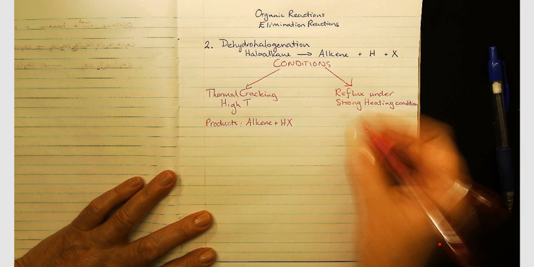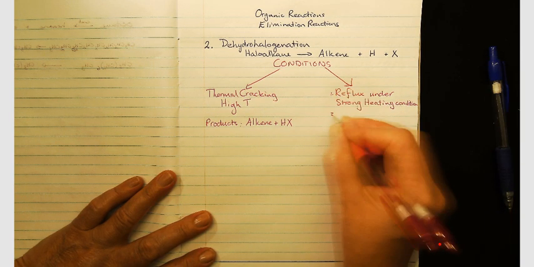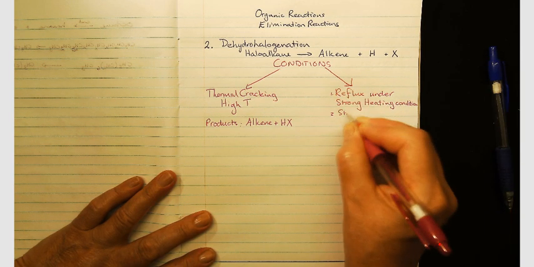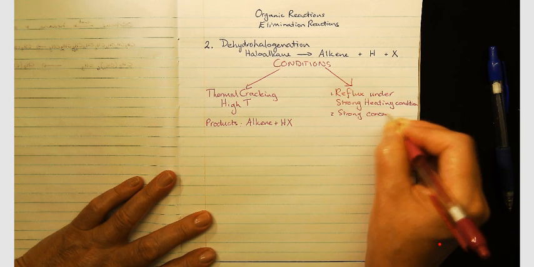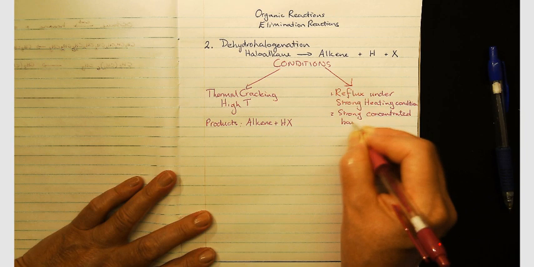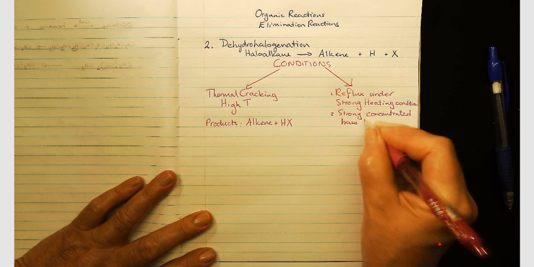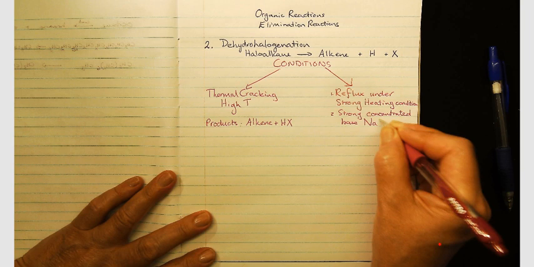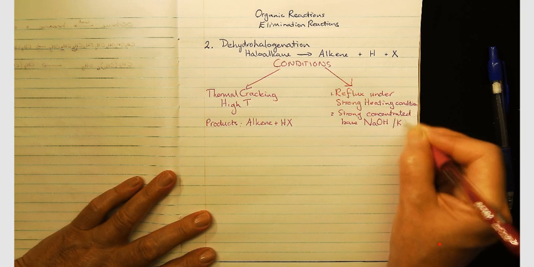The other condition is that you use a strong concentrated base, and you have a choice of two: sodium hydroxide or potassium hydroxide.